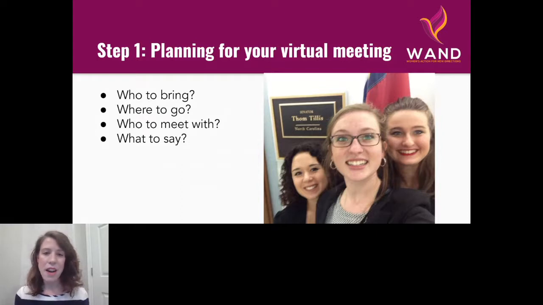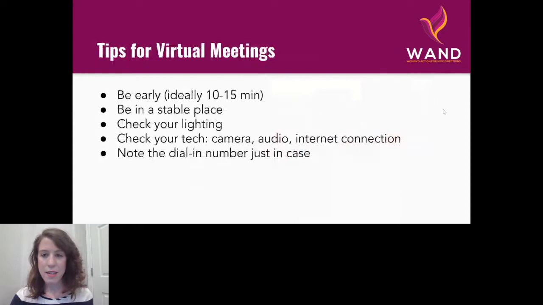For example, I think Senator Leahy has a hearing that he's chairing right before his meeting with Vermont legislators, but he's hoping to come in at the end. So just so you're aware of who you might be meeting with. And then what to say we will cover in our next section. So I've mentioned some of this: be early, be in a stable place if possible, noting the dial-in number, etc.